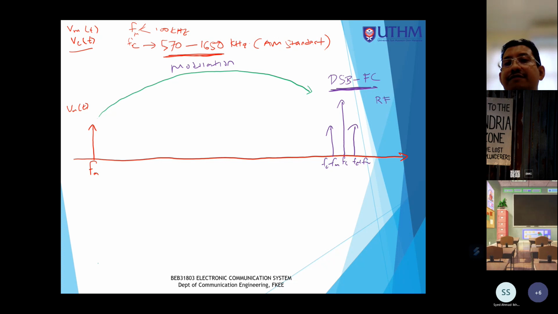Okay, apa itu frekuensi radio? Inilah dia frekuensi radio, RF. We are transmitting radio frequency. Kita menghantar frekuensi radio.